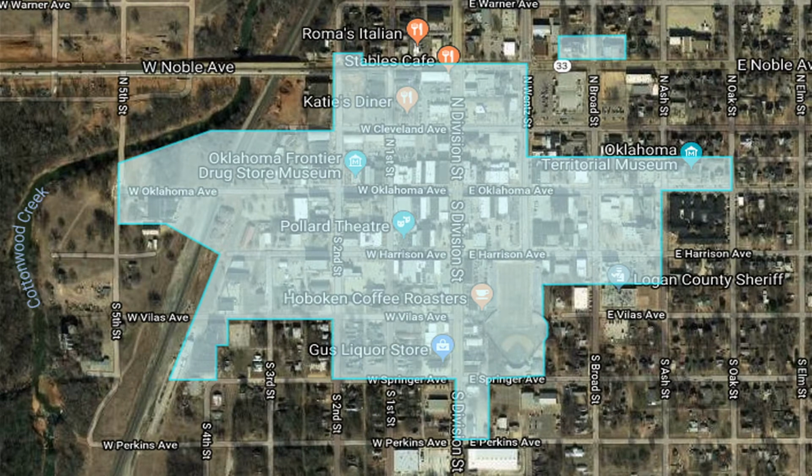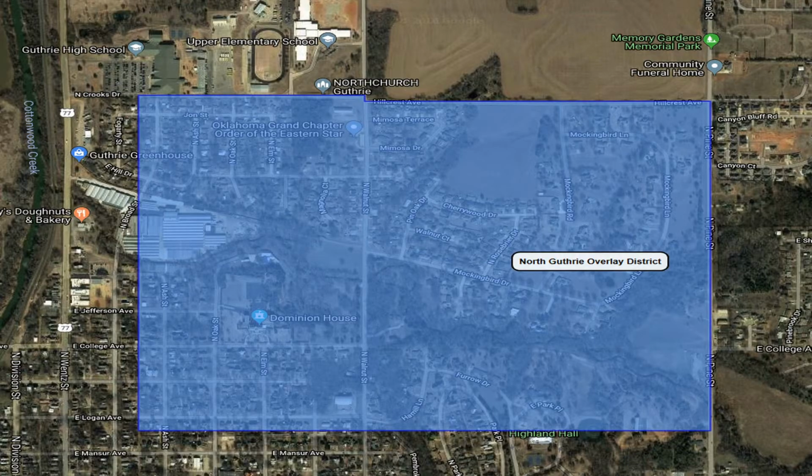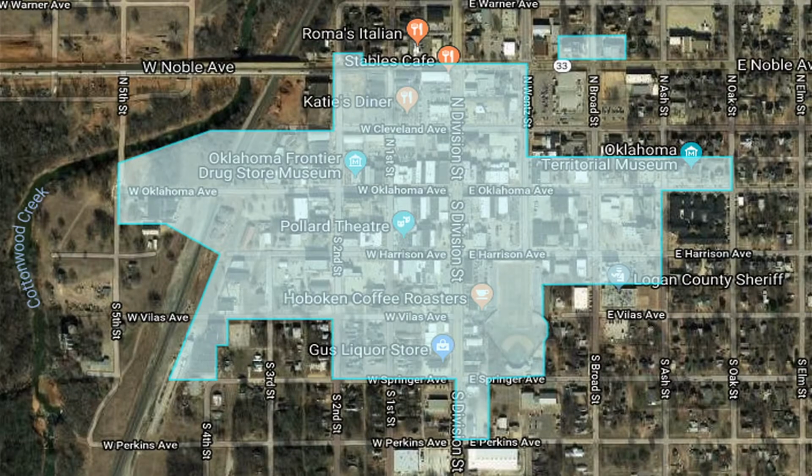What we would typically do is the historic district would be the historic district. Then the corridor district we would do next, and wherever it overlapped with the historic district, we would take that out of the corridor district on the map and put it in the historic.